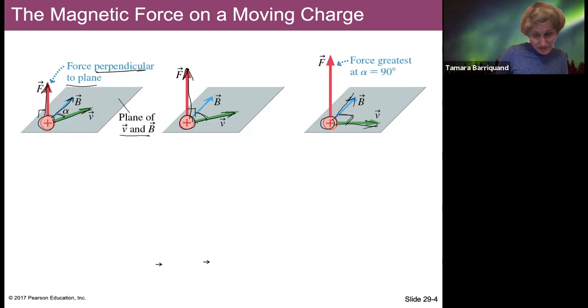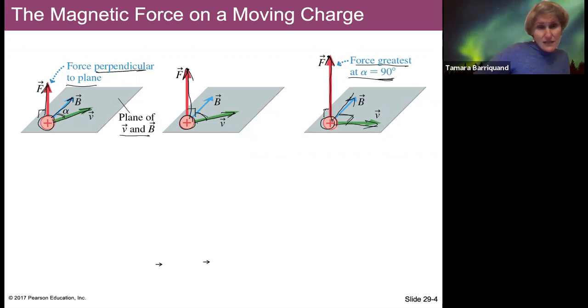We see that the force is perpendicular to V and B, and that it is even greater. The length of the force vector shows that its magnitude is greater than in the other two scenarios. So the force is greatest at alpha equals 90 degrees, when B and V are perpendicular.